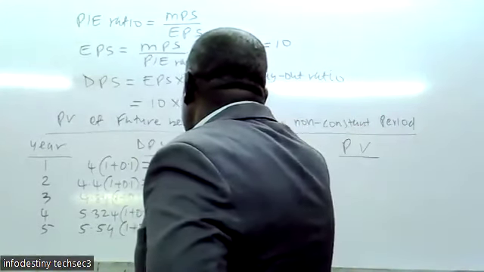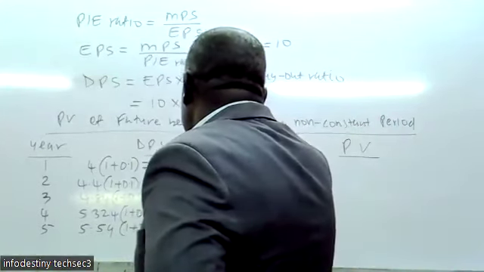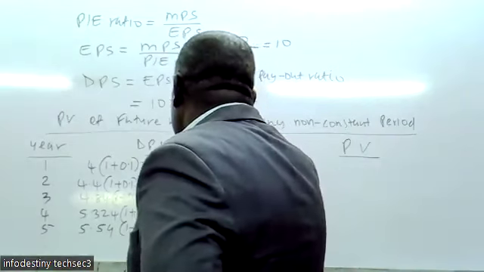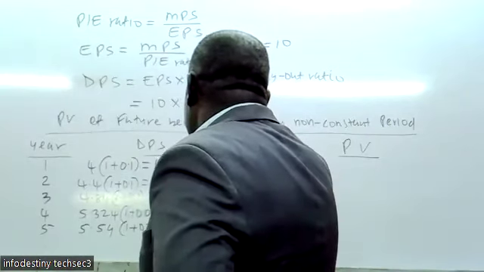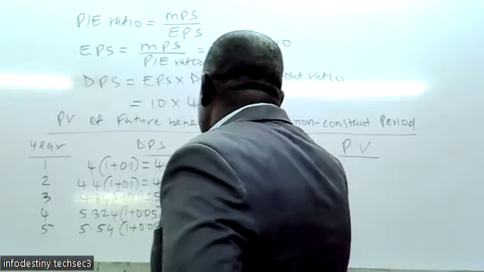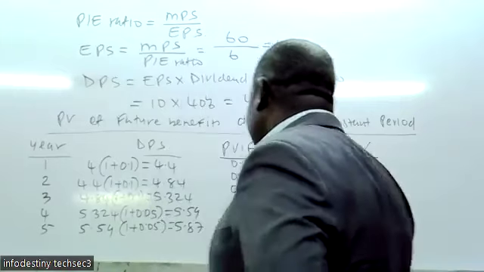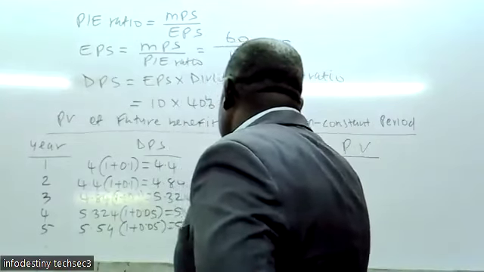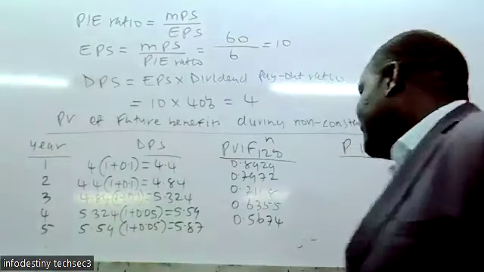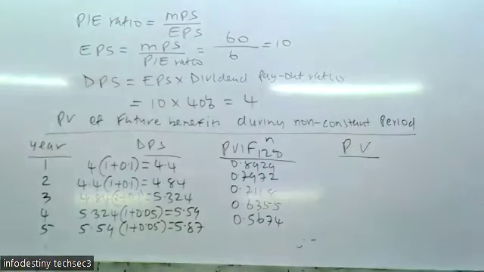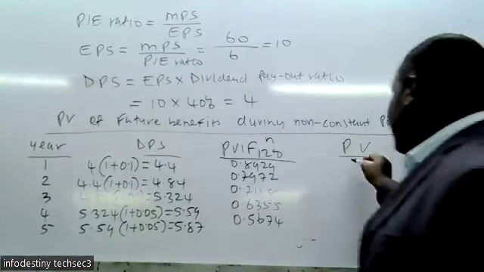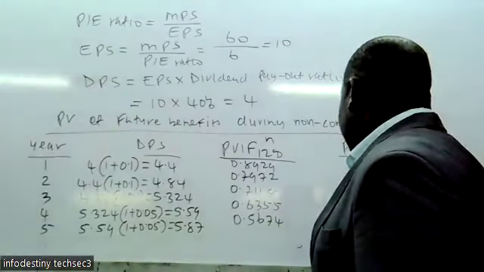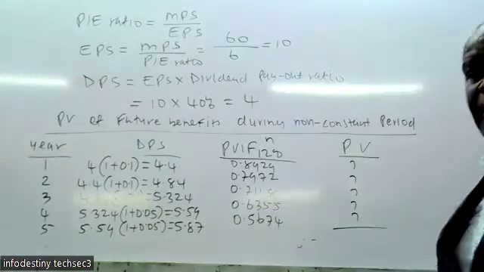Year 3 is 0.7118, then year 4, and finally year 5 is 0.5674. So multiplied by those figures, that's the present value. Then we add them together.